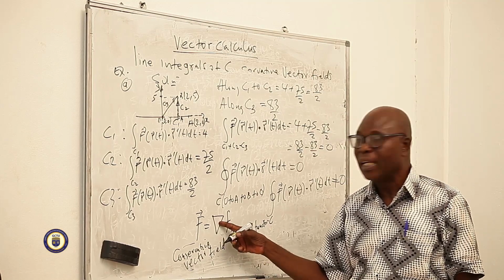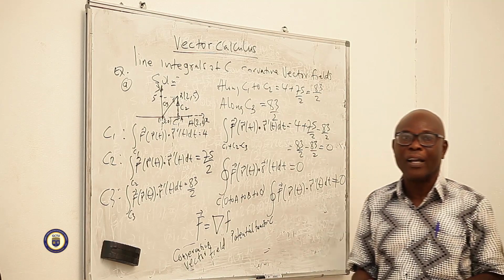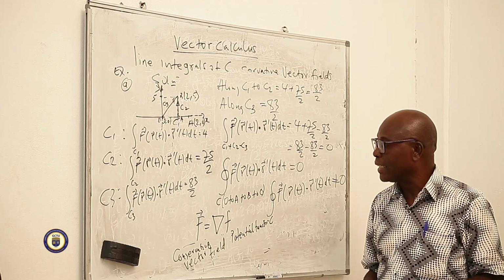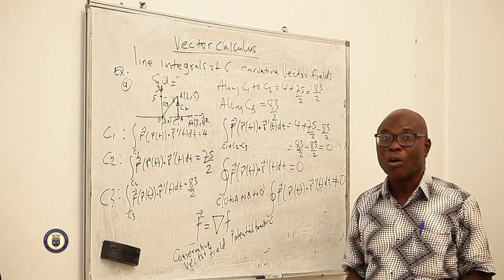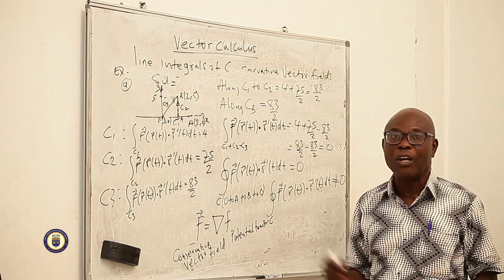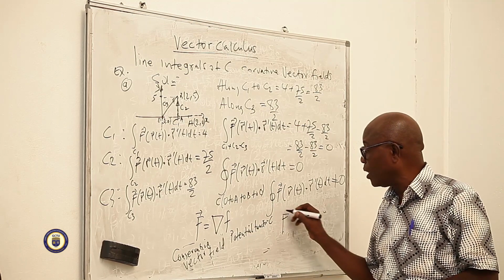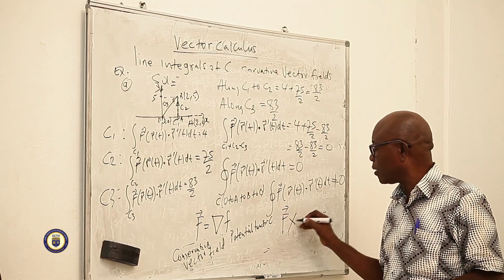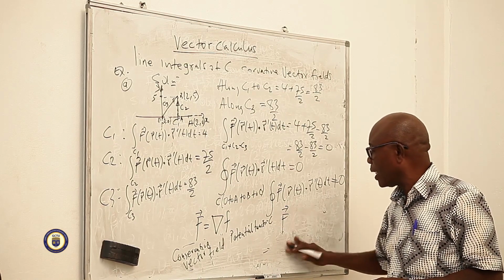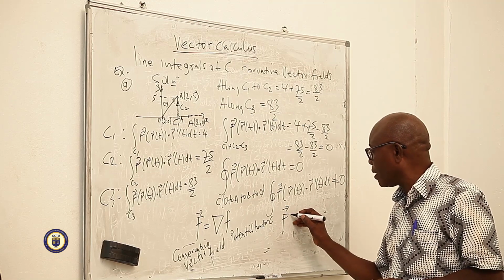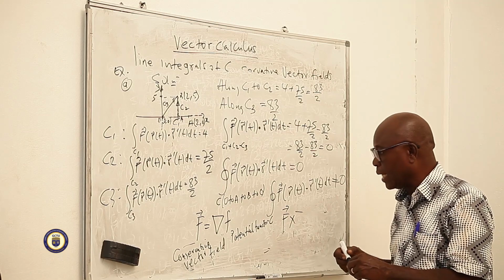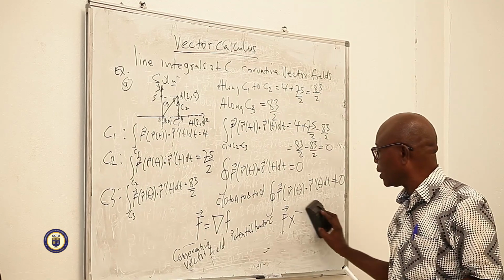And we know this to be del or nabla. And so in this case, we also learned that if F is a conservative vector field, we know that F cross del, or del cross F.